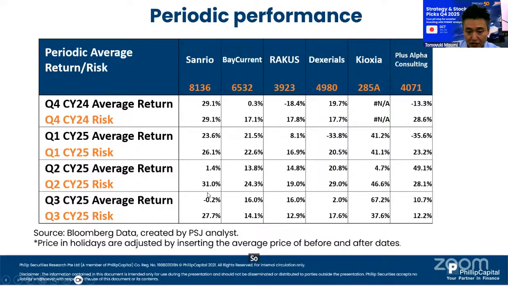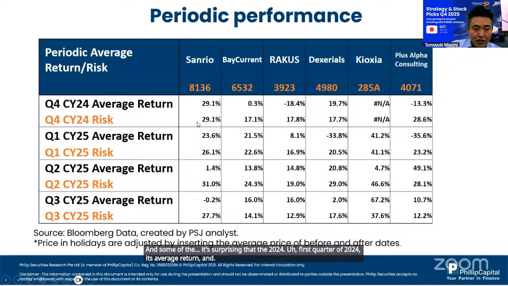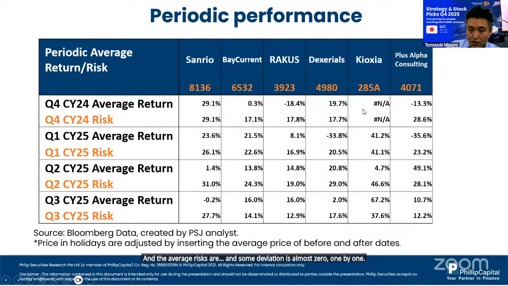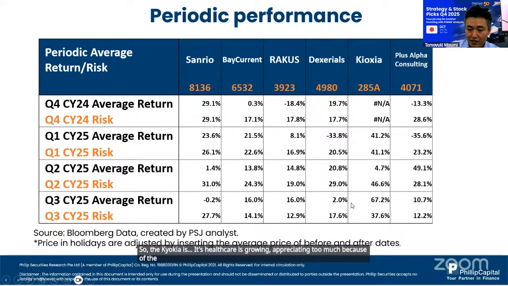For periodic risk, Sanrio is very prospective, but its risk is very high, and it's surprising that in the fourth quarter of 2024, its average return and standard deviation are almost the same, 1 by 1. So the Kioxia is appreciating too much because of the reported NVIDIA alliances.